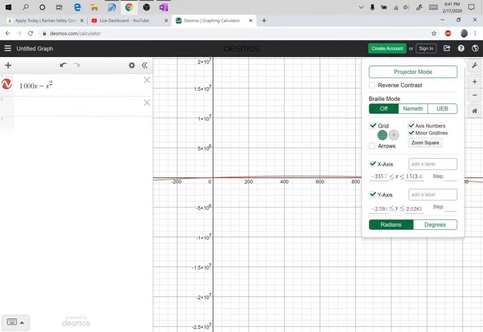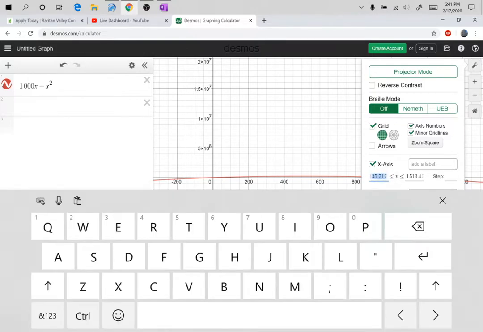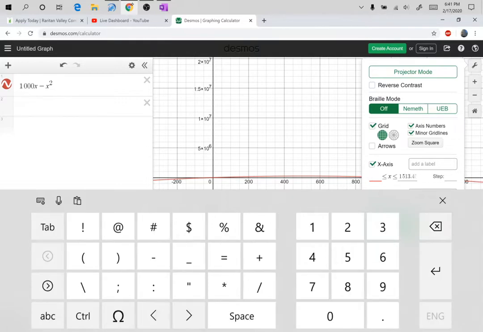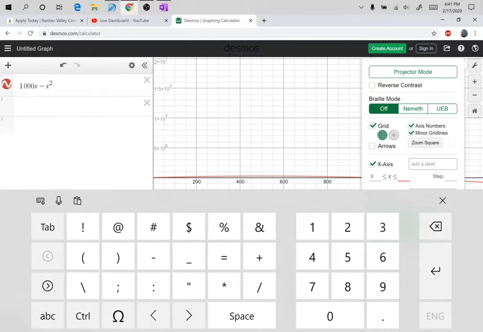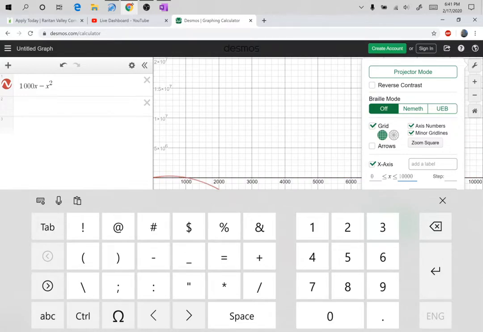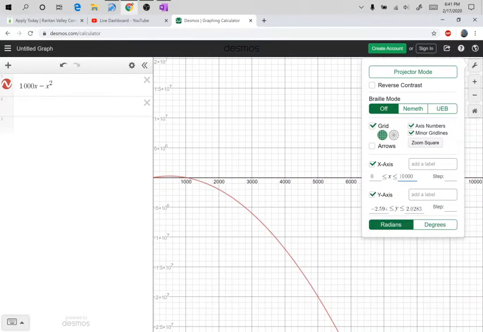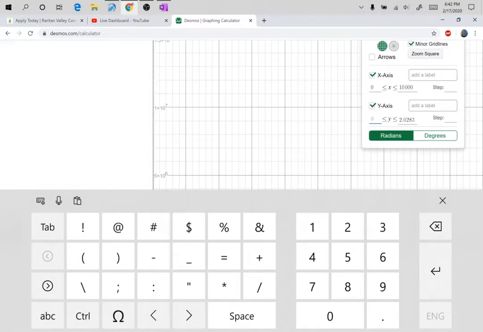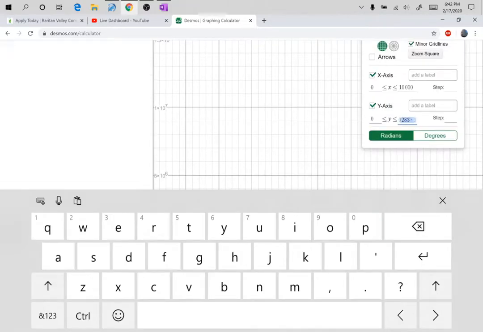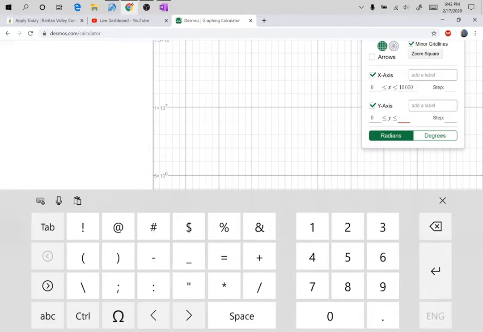But let's just quickly graph this. So I will change the scale over here from the x-axis to be from 0 to, let's go with 1000. And we'll go with the y-axis from 0 to 1000.